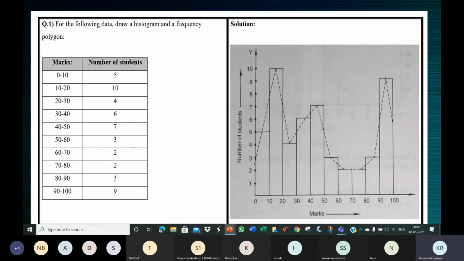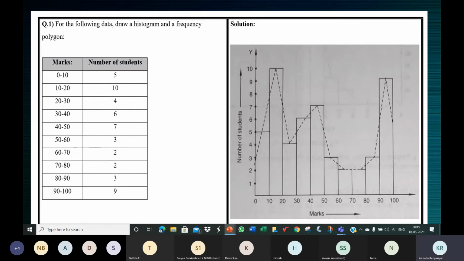So what is given to you is a frequency distribution, and say you're asked to prepare only the frequency polygon, not the histogram. Now this frequency polygon can be prepared with the help of the histogram and without the help of the histogram.